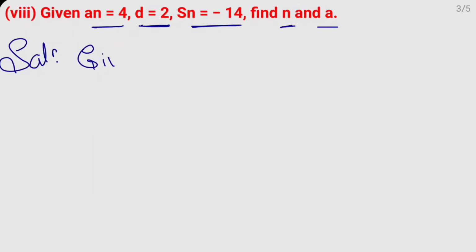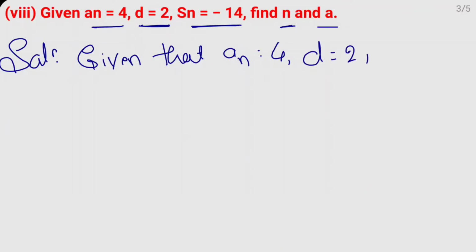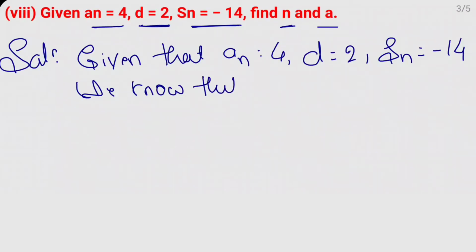Given that an is 4 and a common difference d is 2 and Sn is minus 14, and we know that an equal to a plus n minus 1 into d.